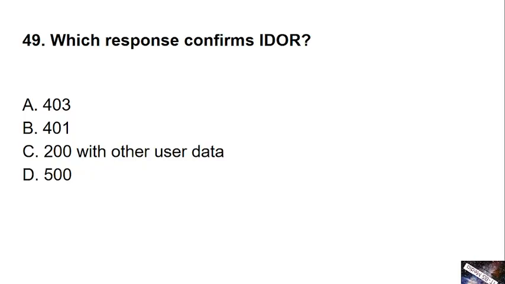Question number 49. Which response confirms IDOR? If you modify the request header and you send it to the server, and the server returns 403 or 401, or 200 with other user data, or when the server returns 500, which one confirms there is IDOR?